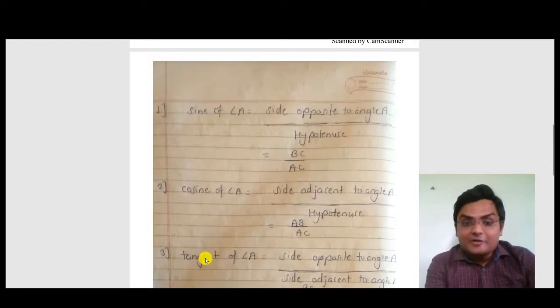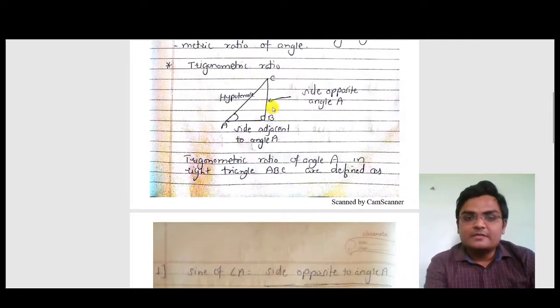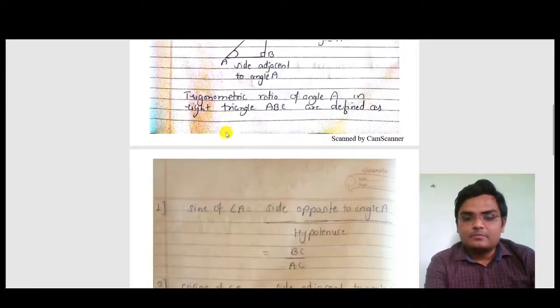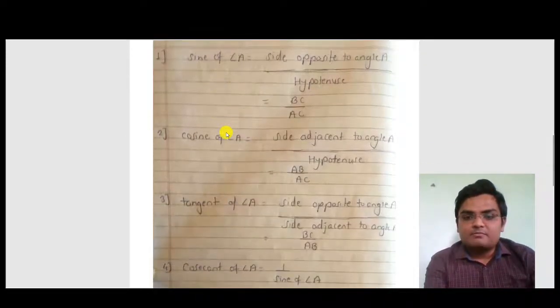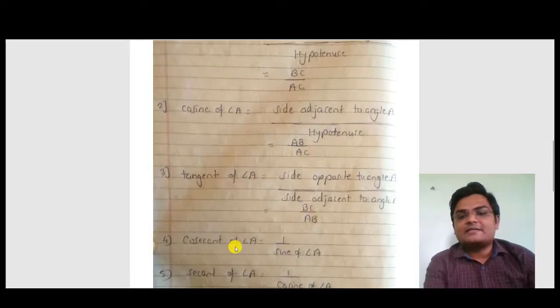Third is tangent of angle A. The side opposite to angle A upon the side adjacent to angle A. That is, tangent is opposite BC upon adjacent AB. So we get the ratio tangent as BC upon AB.